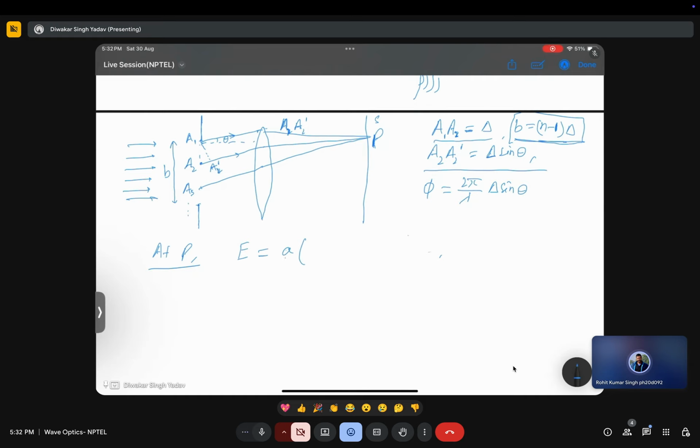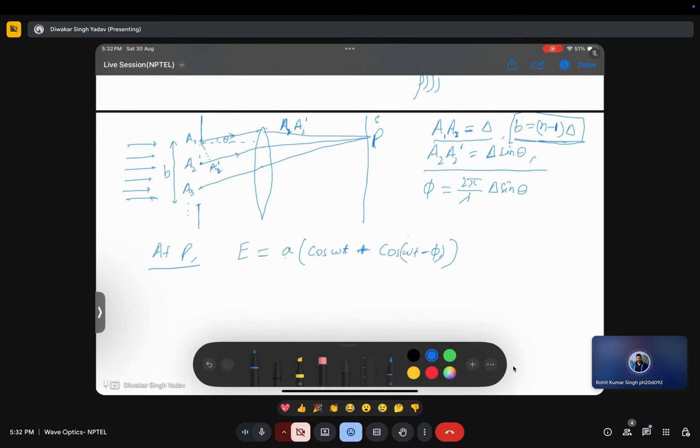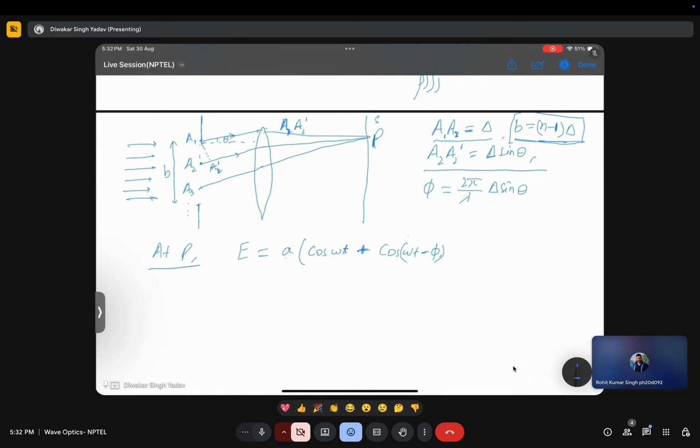Let's assume the amplitude to be A, with cos omega t, only time variation, and the other one will be shifted by a phase phi. This will happen for the 2 points. Now if you have n divisions like this, then you will have to add all those. The third one, A3, will be shifted by how much?